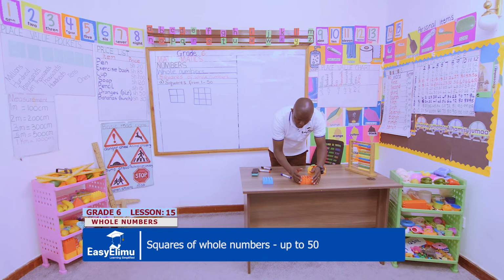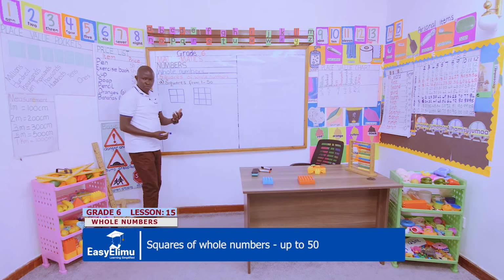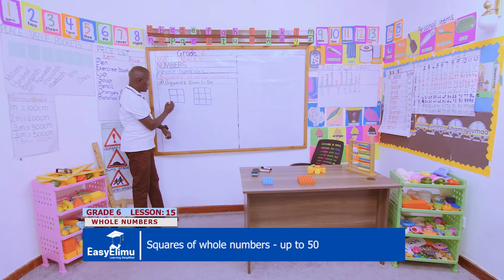So we have 3 columns and 3 rows to come up with this big cube. If I transfer the same concept here, we have 2 rows, and columns we have 1, 2. So 2 multiplied by 2 gives 4.